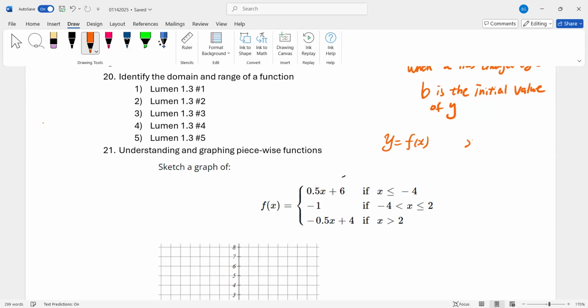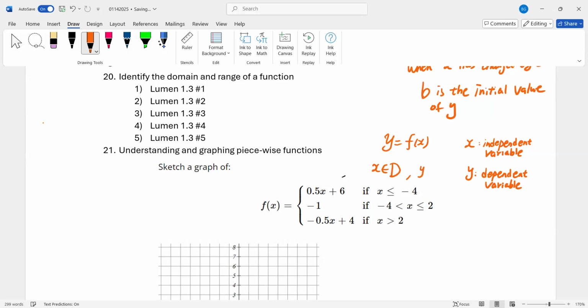X here is the independent variable. Y here is the dependent variable. Y is like a wife, right? A wife depends on her husband financially. So x is independent, y is dependent. And all the possible values for x make the domain.